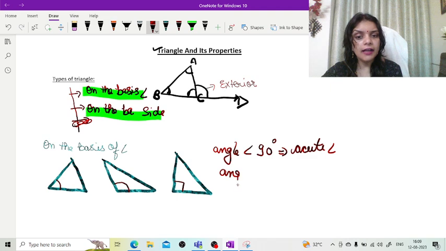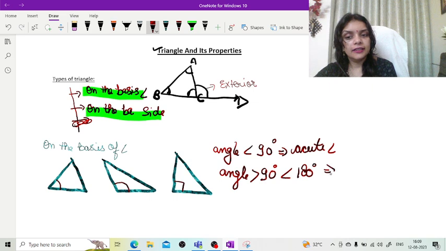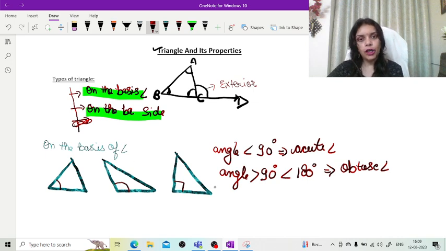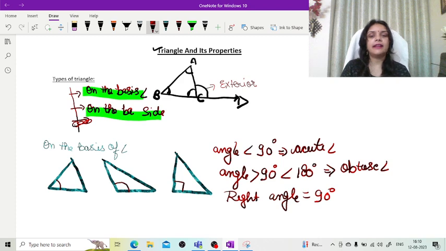And if the angle is greater than 90 degree but less than 180 degree, that angle is called an obtuse angle. And now you all know what is a right angle triangle. Right angle means the angle should be equal to 90 degree. This is a right angle triangle.